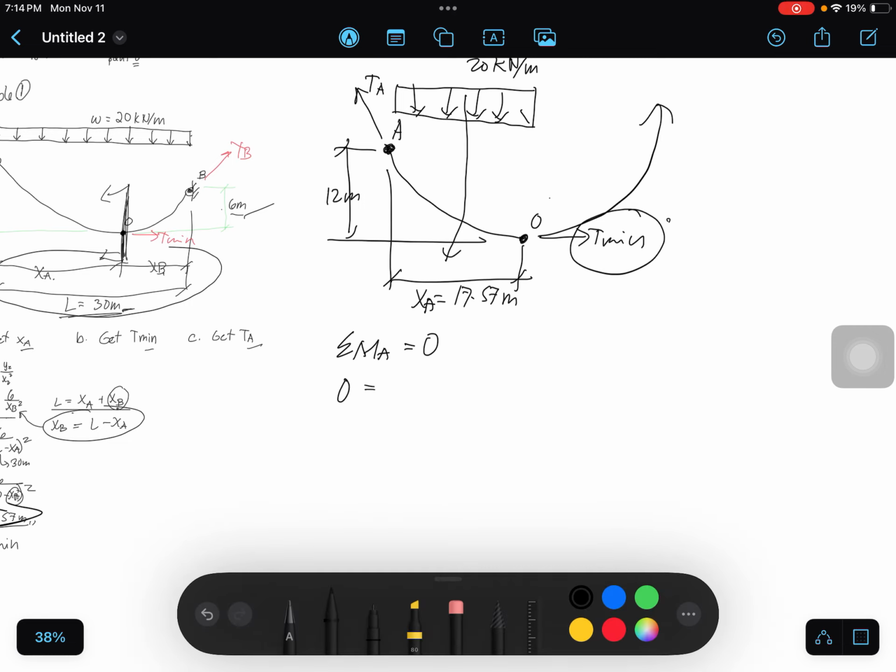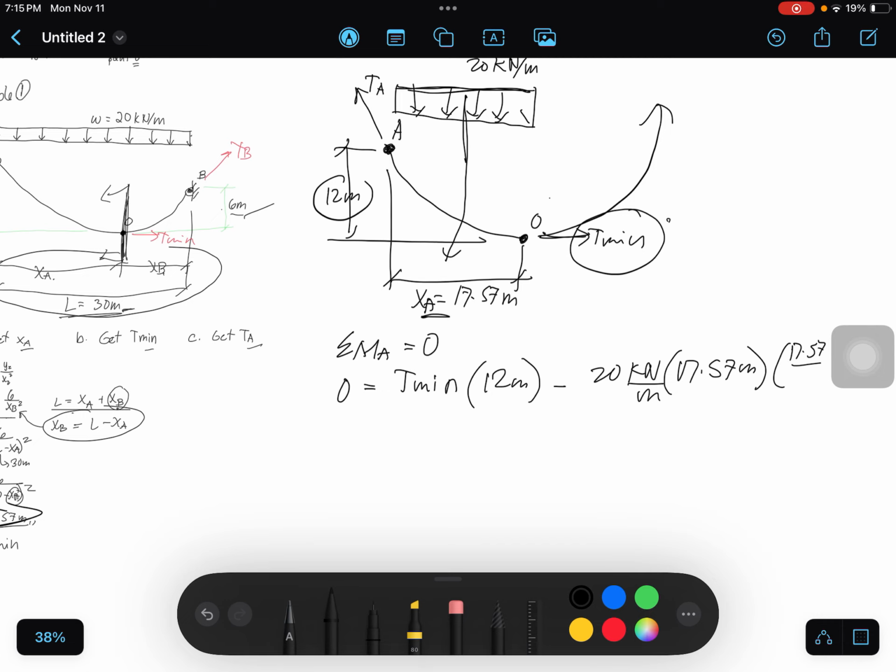So, 0 equals positive si T-min. T-min, ang kanyang moment arm ay 12 meters. Dito, 12 meters. And then, minus 20 kilonewton. Ano ang length niya? It is XA, 17.57 meters. And then, moment arm niya, half ng 17.57 meters. Okay. So, makukuha na si T-min.